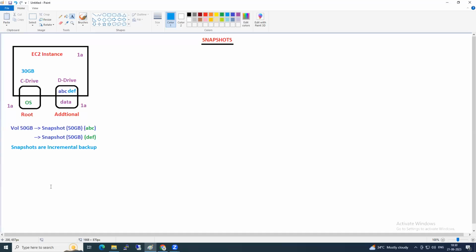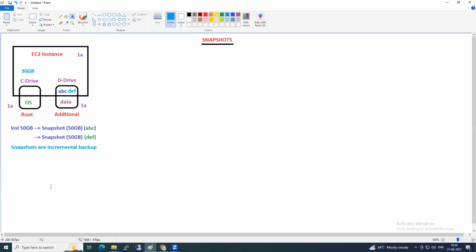Volume. So can I say that snapshot restoration is nothing but creating a volume again? Yes or no? Snapshot is just a backup of the volume.